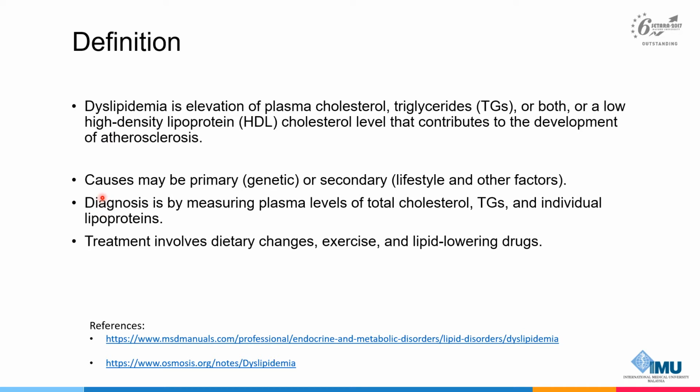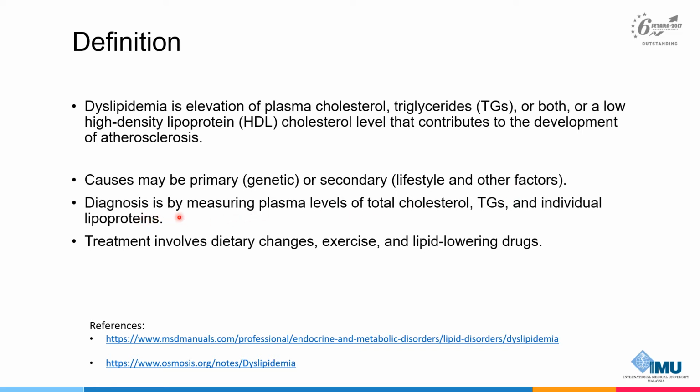The causes of dyslipidemia can be primary or secondary. Primary is usually due to genetic disorder, or some form of mutation which results in abnormal lipid metabolism. The secondary cause is due to lifestyle and other factors. And how do we diagnose dyslipidemia?